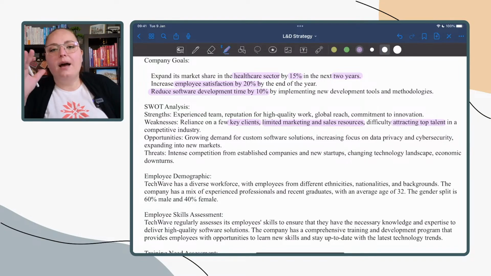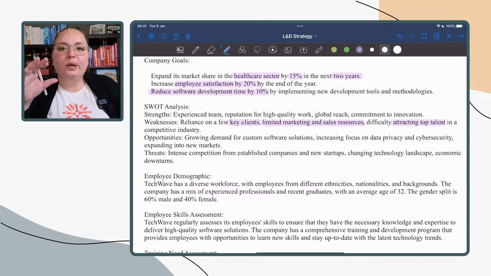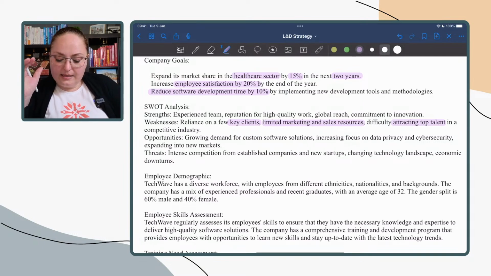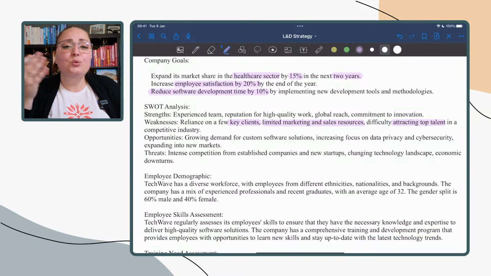So straight off the bat, one thing that I can tell you, especially looking at these, and I'll start from the last one, is attracting top talent. So who is top talent? In this case, software engineers who are very experienced, very knowledgeable, who have been doing this for many years. And so you need to understand what it is that these guys want. Well, of course, they want a good salary. That goes without saying. They want good benefits, insurance, whatever it may be.